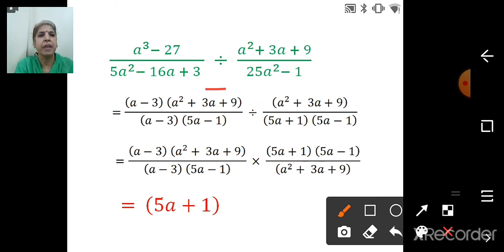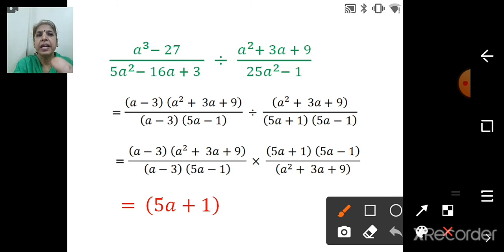So divide by a square plus 3a plus 9. We are not having any factors for that, and it is one of the factors of a cube minus 3 cube. So we will leave as it is. And 25a square minus 1, factors we got are 5a plus 1, 5a minus 1.